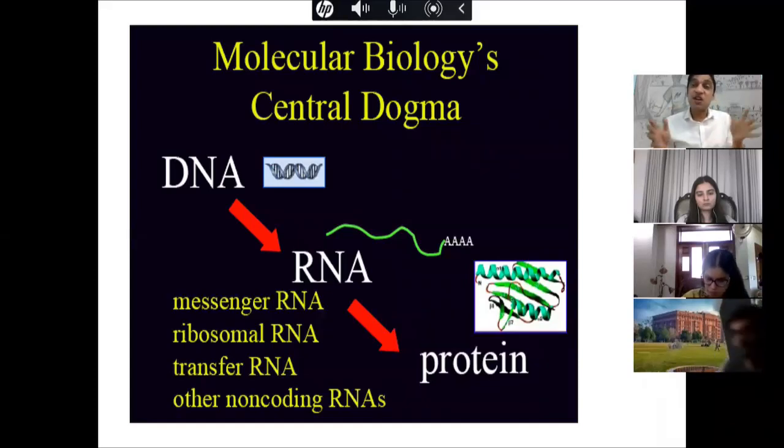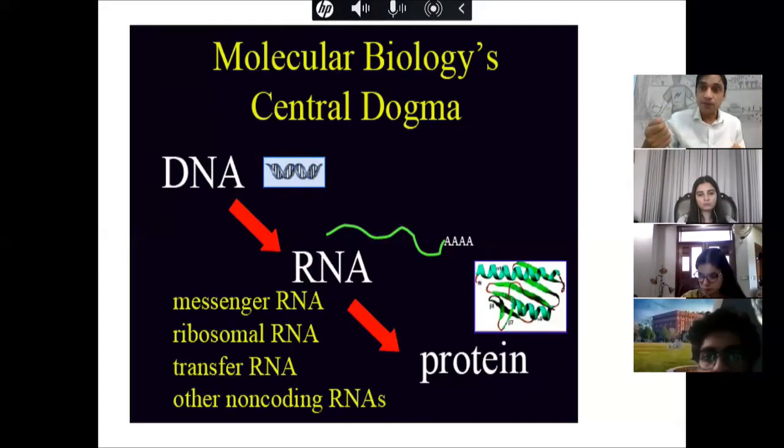So nature can still manipulate the messenger RNA based on the importance and the requirement. This is called post-transcriptional modification, or control of gene expression at a post-transcriptional level, after the transcription.